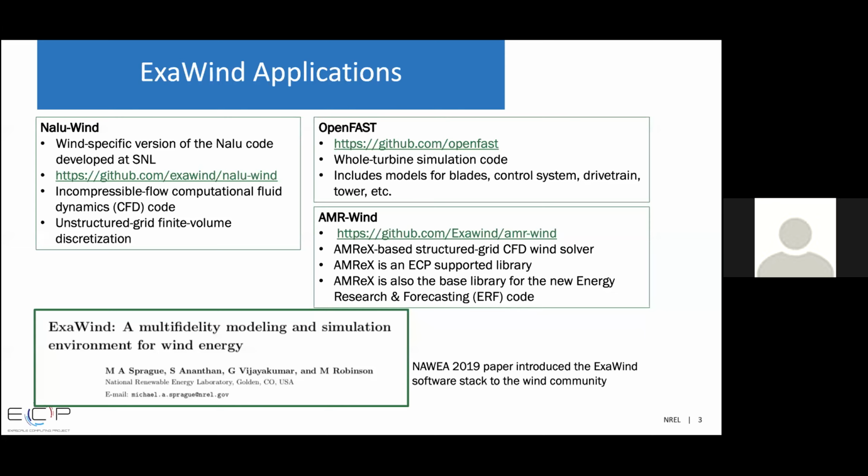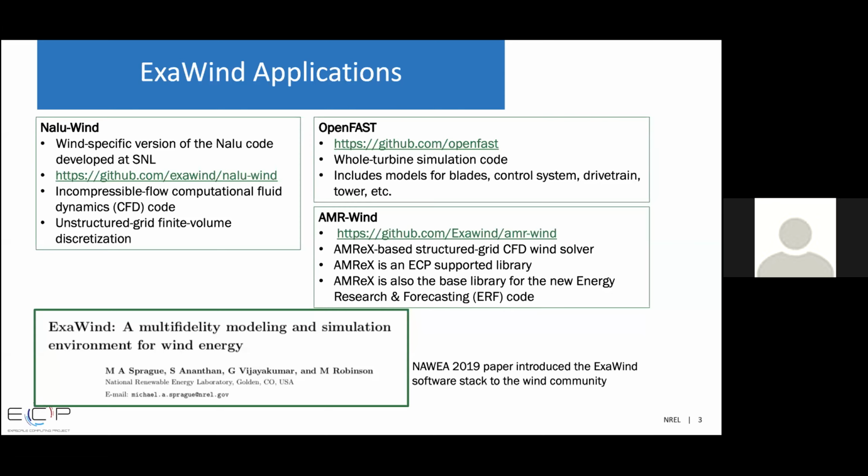Next, we have this OpenFast application in our modeling suite, and that came before ECP. That actually does whole turbine simulations. So it really is more so the focus of where the blades are at and how they're bending and what type of control system, or you can do pitch and yaw, things like that on the blades of the turbine.